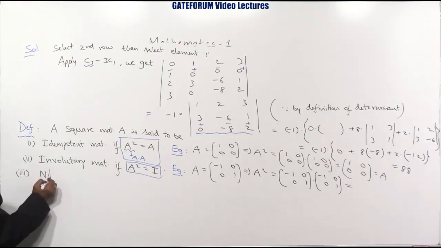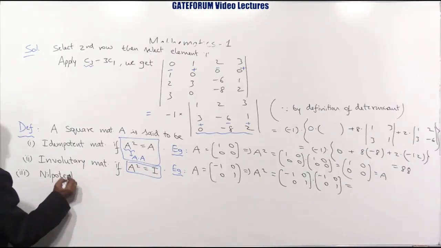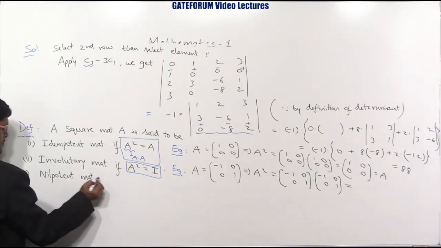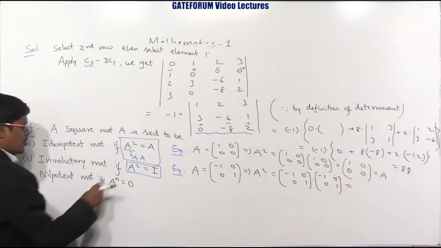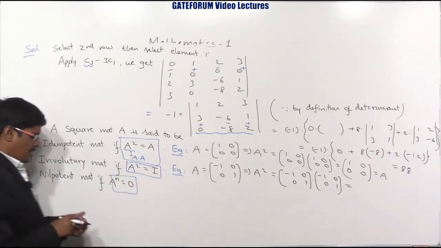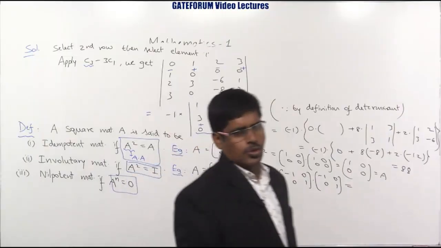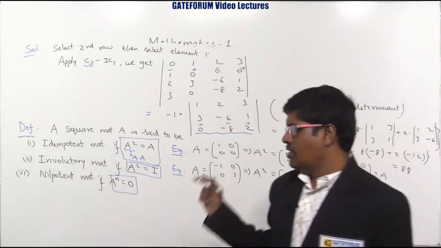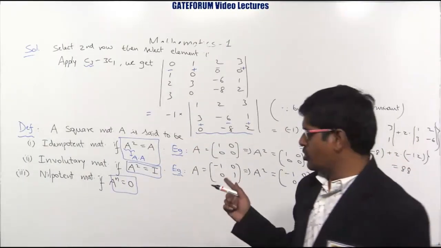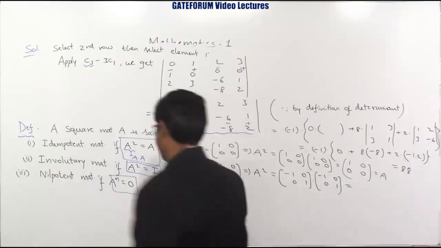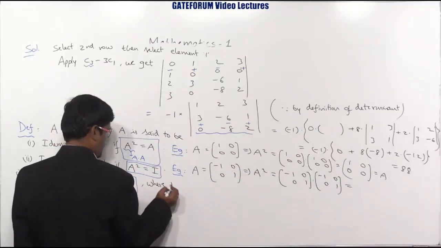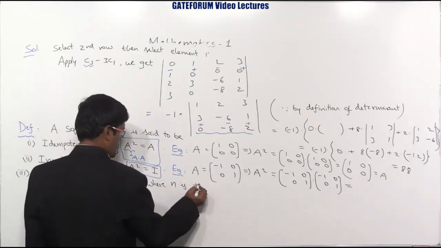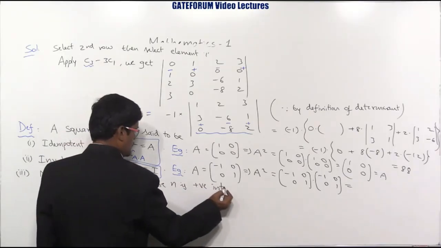nilpotent matrix. If A power n is equal to 0, what is n? n is a positive integer: 1, 2, 3, 4. Wherever you have A power some positive integer equal to 0, such a matrix is called a nilpotent matrix, where n is a positive integer.